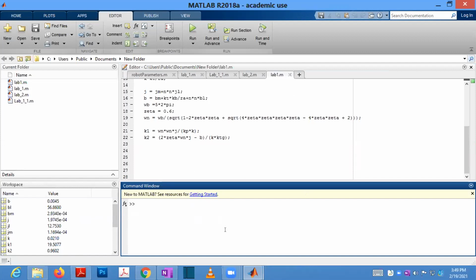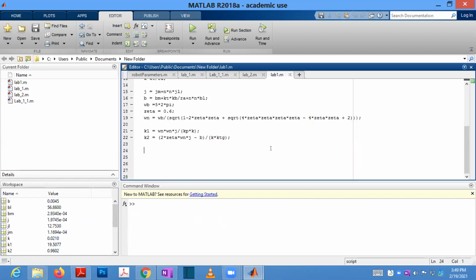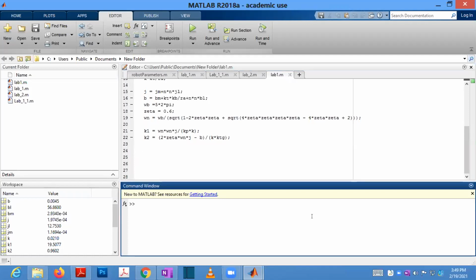So all of you are completed. Is anybody left with these equations? All of you are completed? So I think all of you are completed. If anybody is left with something, just ping.